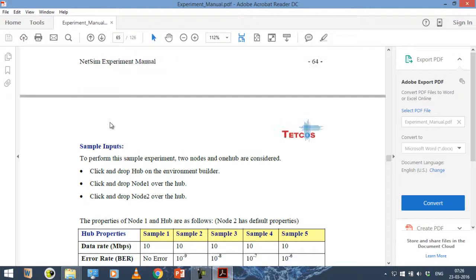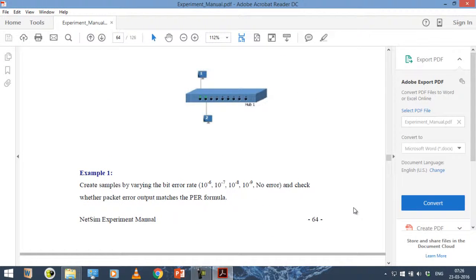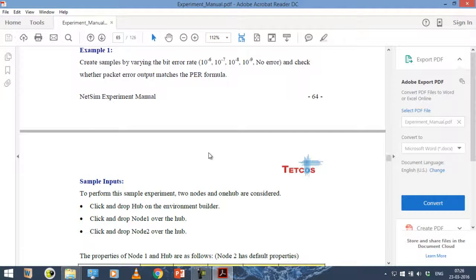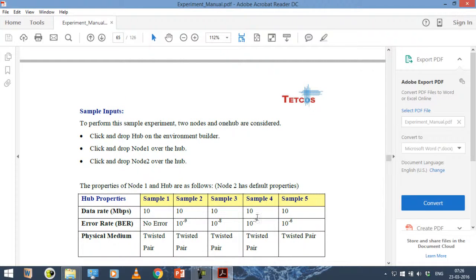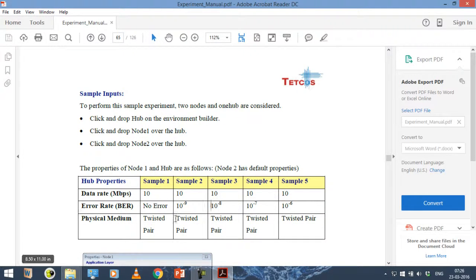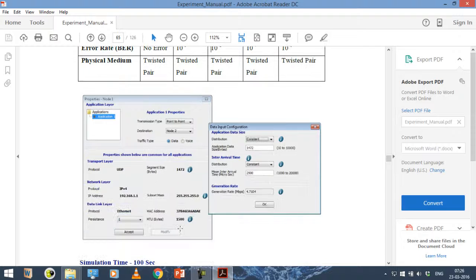As per the first example, we are doing this with 2 nodes, of which node 2 has default properties, and we are changing the node 1 values as per this table, with data error rate as 0 and changing the BER in multiples of 10.